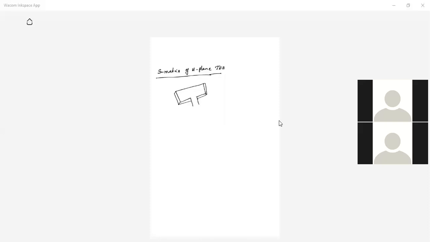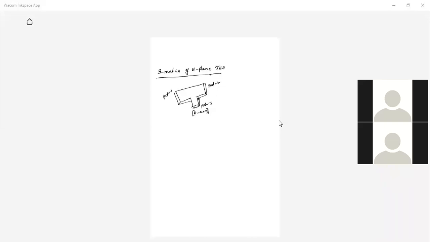All 3 ports are in the same plane. So this is port 1, port 2, and this is port 3. This is the H arm. All are in the same plane.